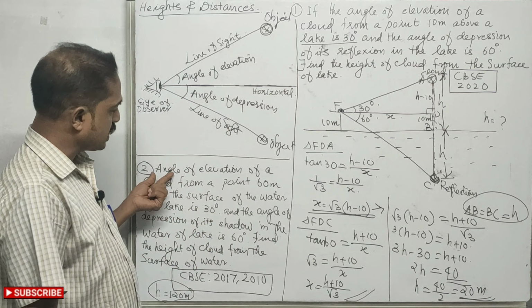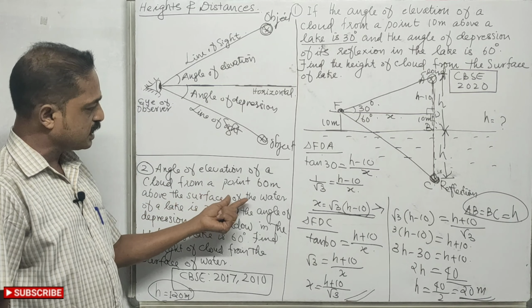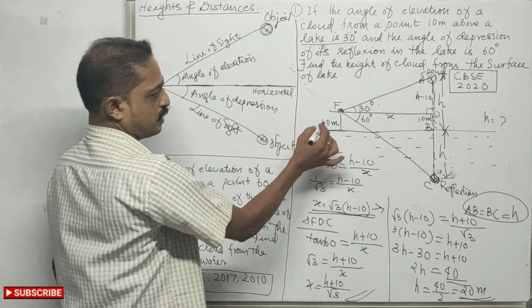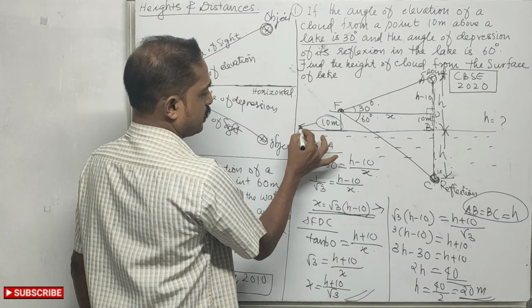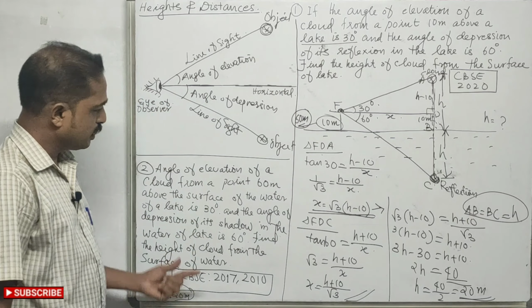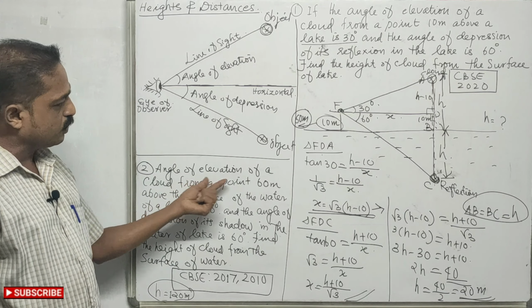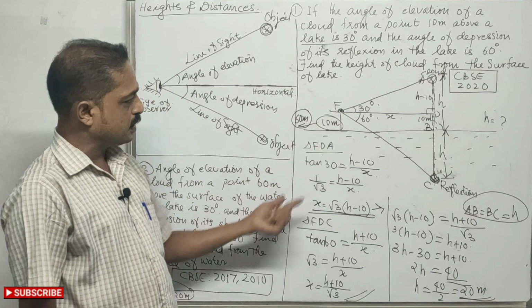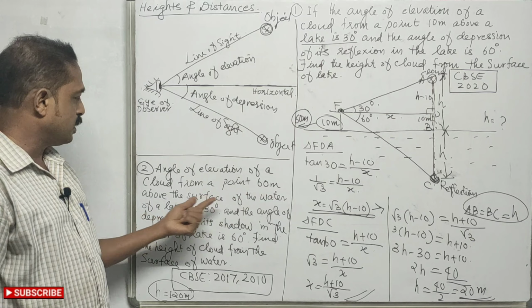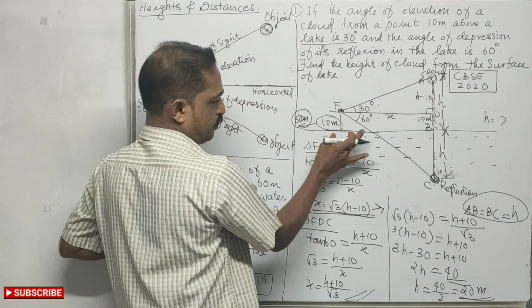So that question is: the angle of elevation of a cloud from a point 60 meter above the surface of the water. So here instead of 10 we are given this height as 60 meter. The angle of elevation of a cloud from a point 60 meter above the surface of the water of the lake is 30 degree.